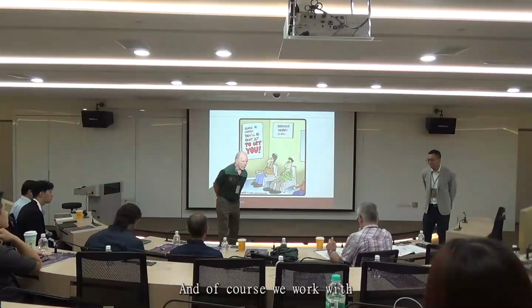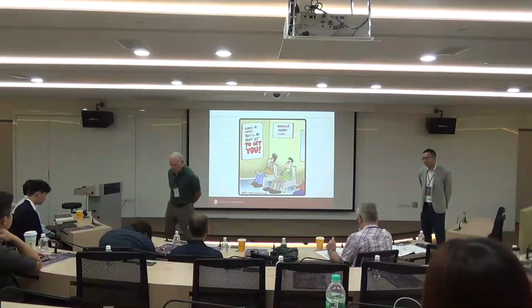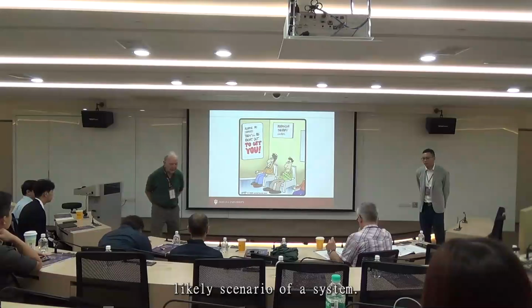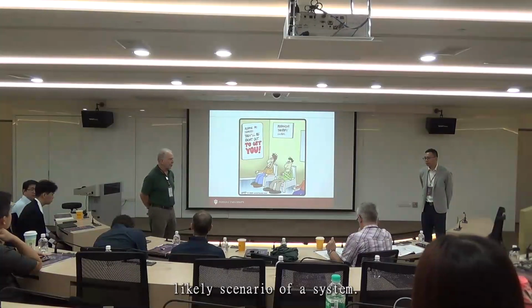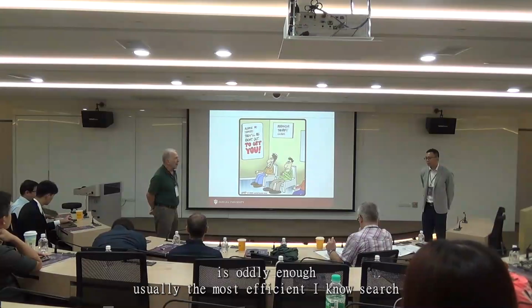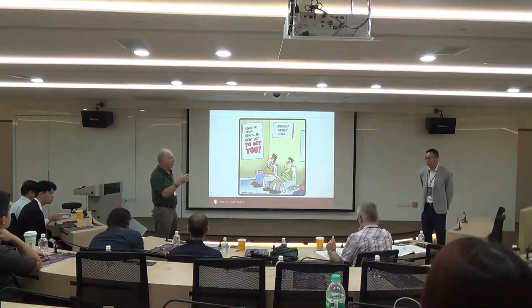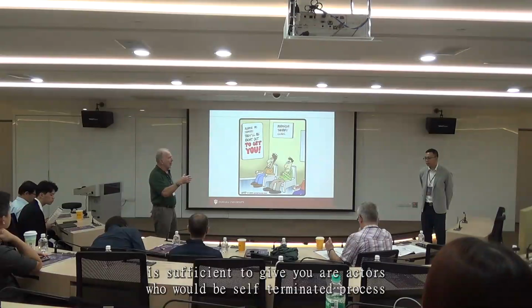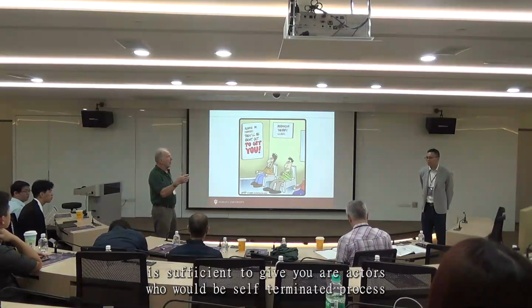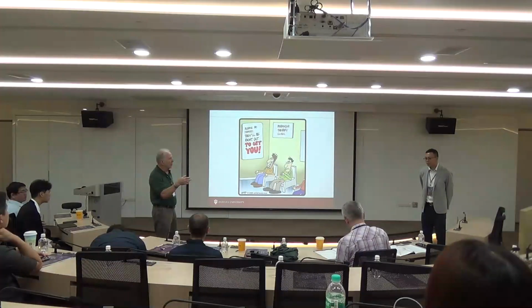I understand your question, and that's a question I would expect. What we think is the most likely scenario of a system that obeys high configurality would be that, oddly enough, usually the most efficient kind of search, if it's sufficient to give you high accuracy, the payoff would be a self-terminating process. So you only process as many features as you need.